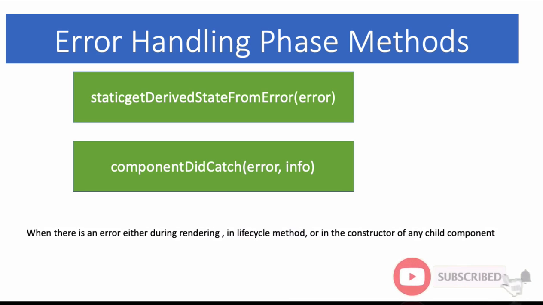This method is called when there is an error either during rendering, in a lifecycle method, or in the constructor of any child component. We will discuss this in the future when we learn a concept called error boundaries in React.